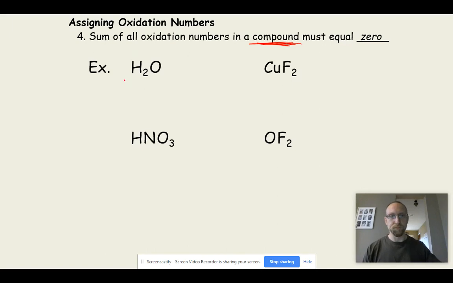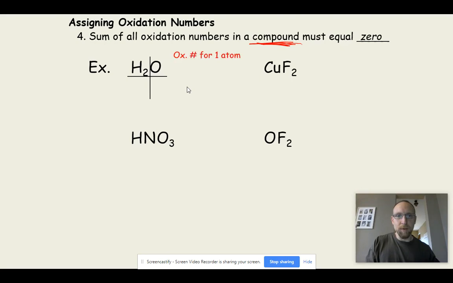So let's look at water. What I like to do is make a little table. Draw the table right over the compound and break it up by element.